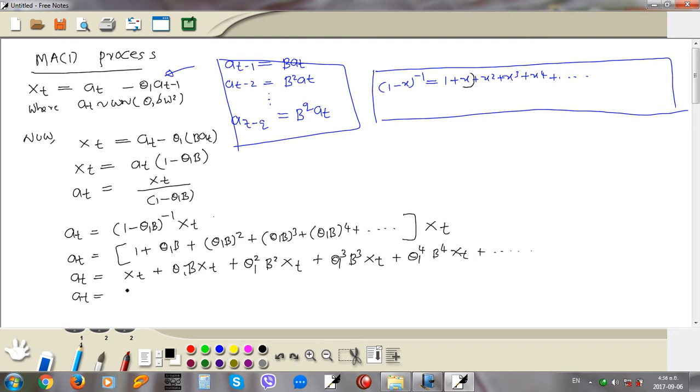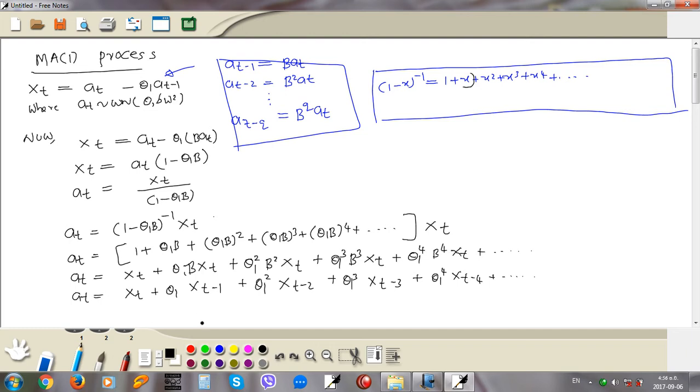So I can write x_t as it is, plus theta_1 B x_t meaning x_{t-1}, plus theta_1 squared B squared x_t, which is x_{t-2}, plus theta_1 cubed x_{t-3}, plus theta_1 to the power 4 x_{t-4}. Likewise you can write.